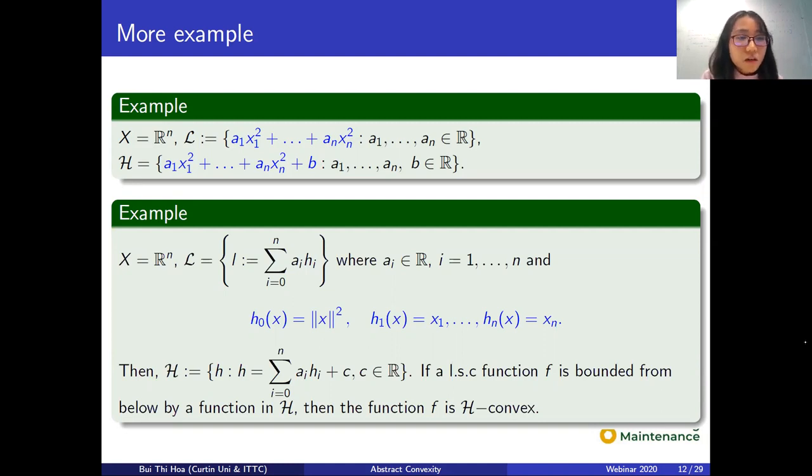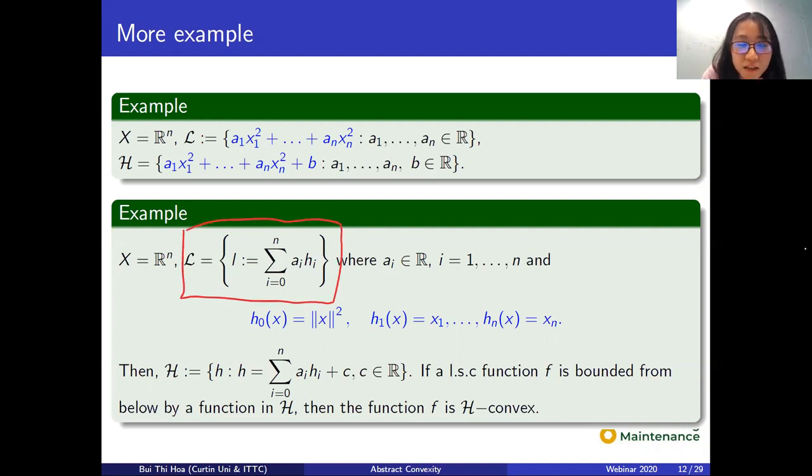There's another interesting class of abstract linear functions. Consider the linear space of all functions of this type.